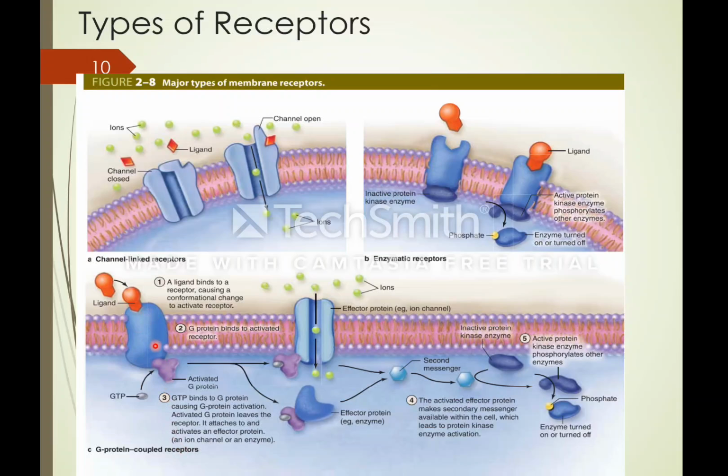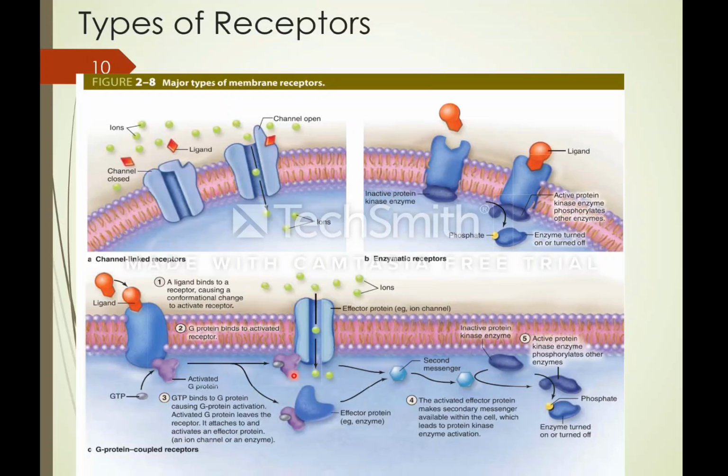In these receptors, the ligand joins to its receptor. The binding of the ligand to the receptor changes the conformational structure of the receptor. The GTP activates the G protein, and the activated G protein is transferred and attached to other receptors.